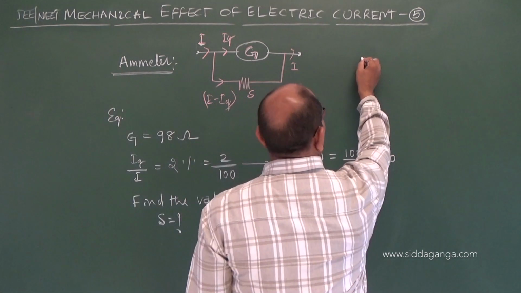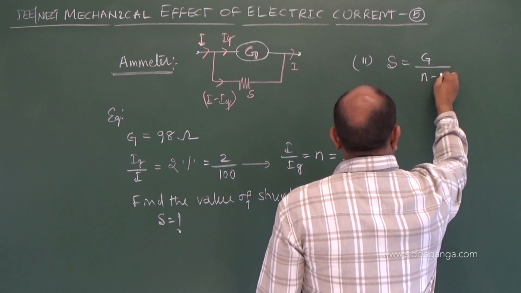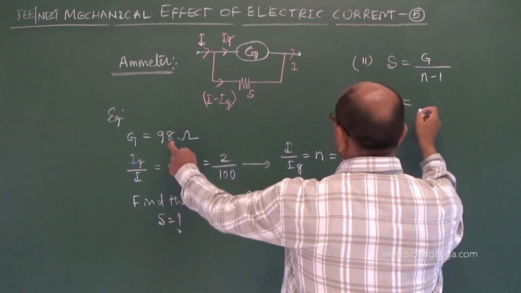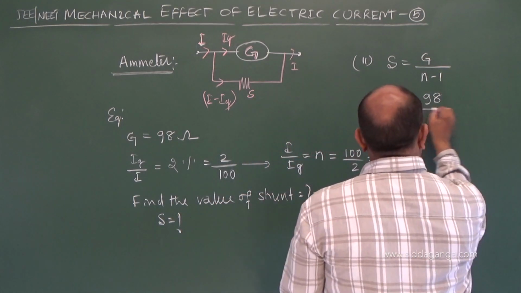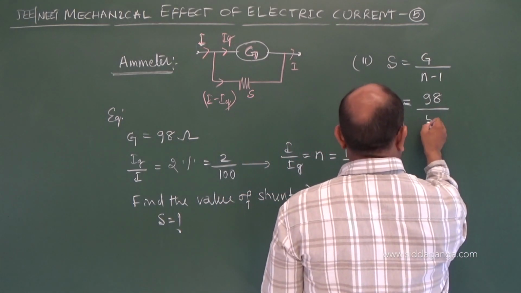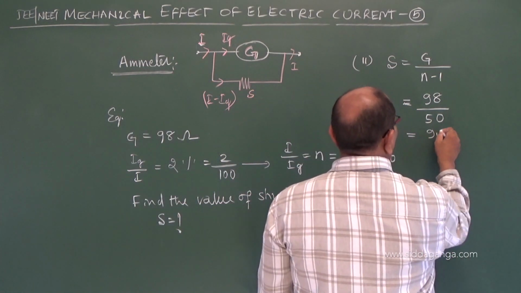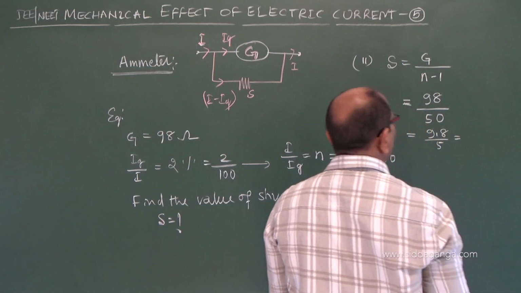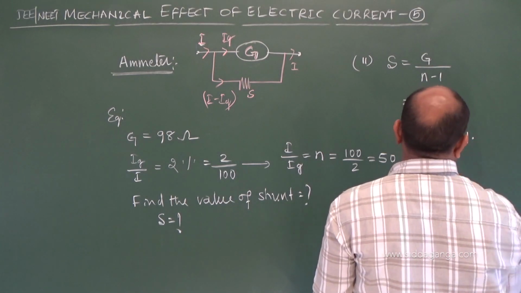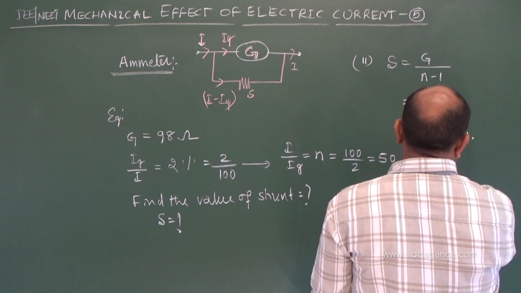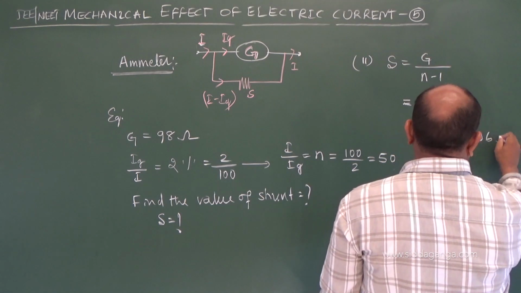What is the relation I can use here? The second relation I showed to you, S is equal to G upon N minus 1. G given is 98, divided by this 50, or it is 9.8 by 5. 5 ones are 5, 5 ones are 5, 48. 5 nines are 45. 36 ohm.